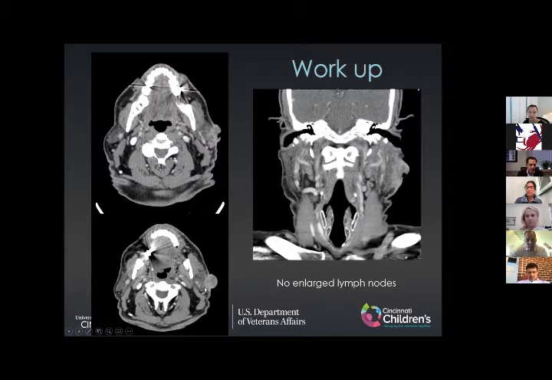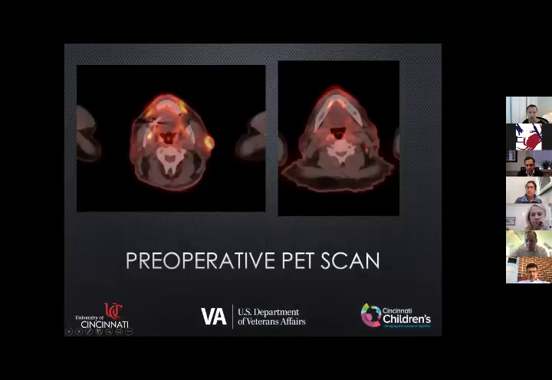It doesn't seem to be too infiltrative deeply. On the coronal, you can see the exophytic nature of it. There are no enlarged lymph nodes that appear pathologic. However, he came with a PET scan, which is a frequent occurrence with these processes. And there is a tiny avid node in level 2 on the ipsilateral side without any obvious CT findings that would be too concerning.